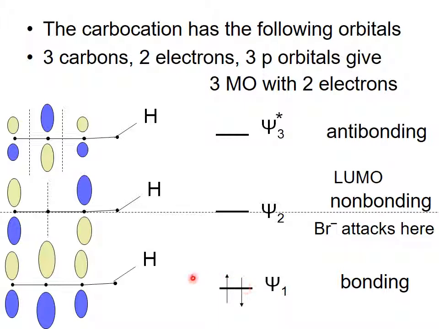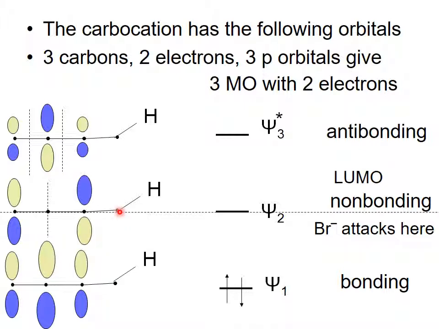So where is it that the bromide is going to come in? Since this is the non-bonding orbital and it can take electrons, the bromide, which is a HOMO because its orbitals are all occupied, comes in and it's going to either attack here or here.